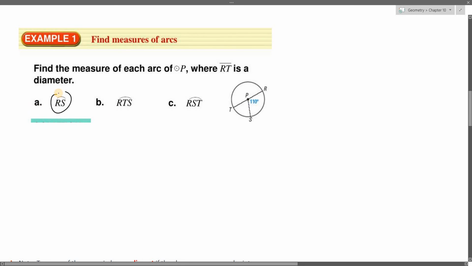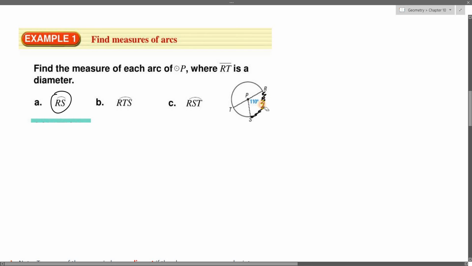So we've got RS. RS, first of all, question for you, is that major or minor based on its name? Okay, it's minor because you only have 2 letters that are given. So that's arc RS, and I will just squiggle this. Switching between this and a highlighter is very difficult for me right now. Again, I'll learn all the tricks eventually as I practice more of this, but we've got RS here.